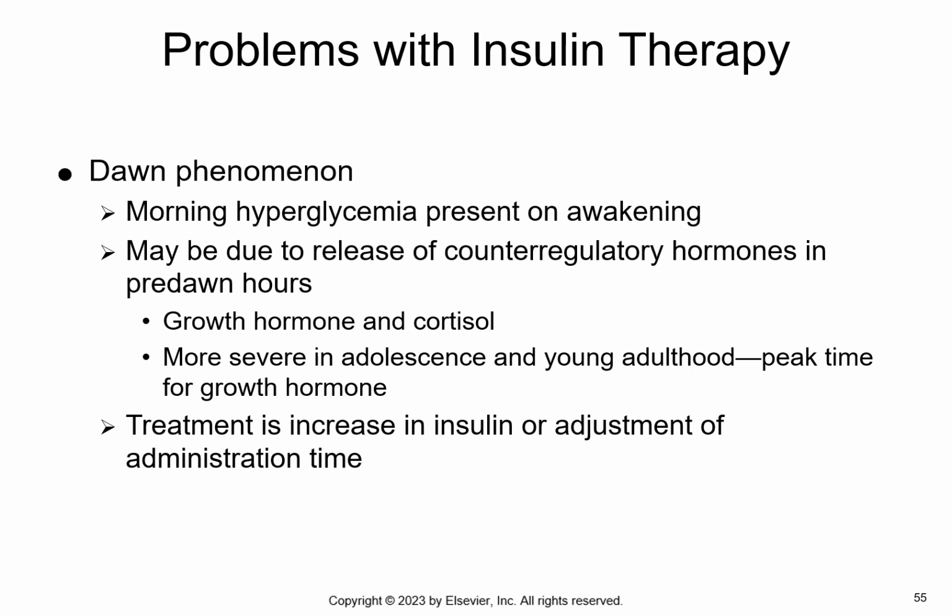Careful assessment is needed to diagnose the Somogyi effect or dawn phenomenon because the treatment for each differs. The treatment for the Somogyi effect is a bedtime snack, reducing the dose of insulin, or both. The treatment for dawn phenomenon is an increase in insulin or an adjustment in administration time.